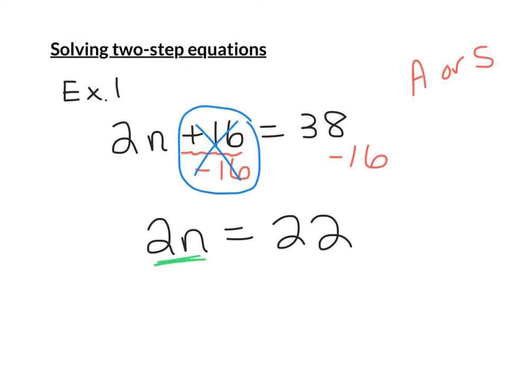So I have to do the opposite of multiply, which is divide. So I am going to divide by 2, and I have to do that on both sides. When I multiply by 2 and divide by 2, that cancels out, and I'm left with n equals 22 divided by 2, which is 11.